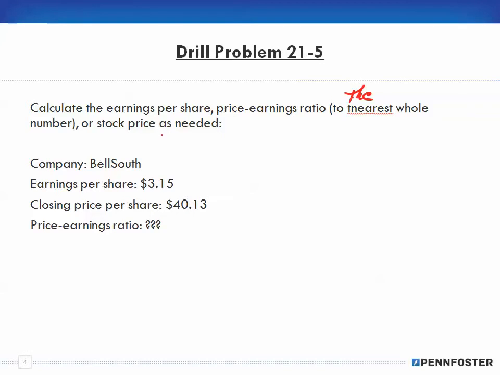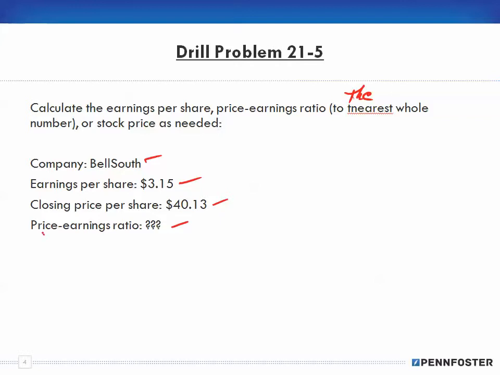The reason why that's all here is because we're looking at questions 5 and 6, and for 5, the chart gives the company name, the earnings per share, and the closing price, and we're looking for the price to earnings ratio. So the formula for the price to earnings ratio is the price, and this is what I mean by not having to memorize, just understanding the concept.